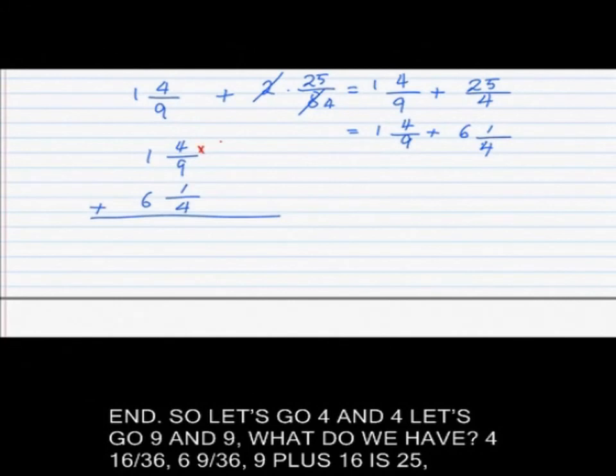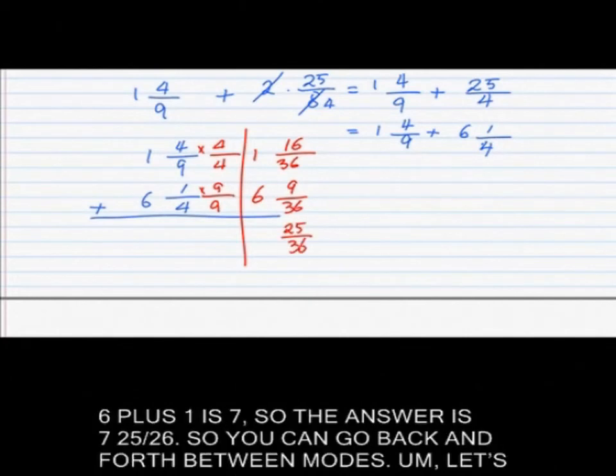So let's go 4 and 4. Let's go 9 and 9. What do we have? 4 and 9, 36. 6 and 9, 36. 9 plus 16 is 25. 6 plus 1, 7. So the answer is 7 and 25/36.